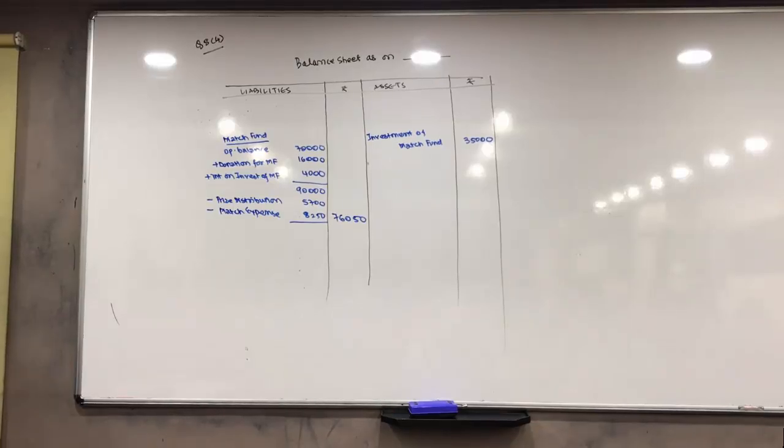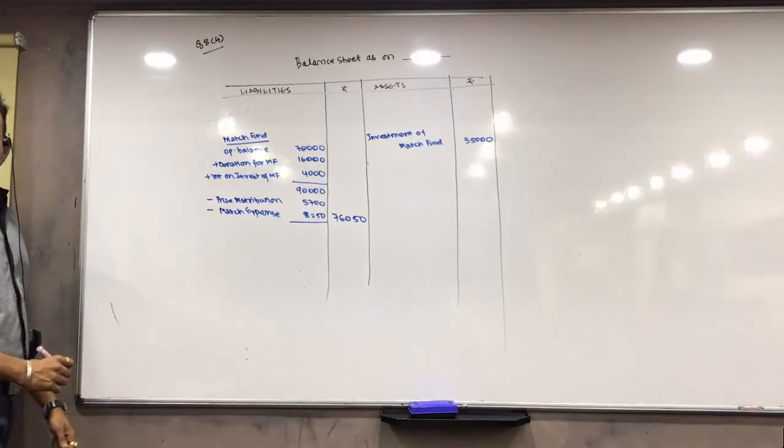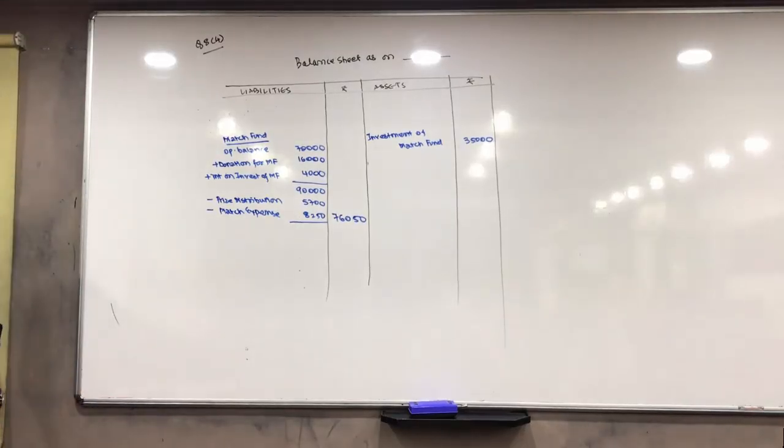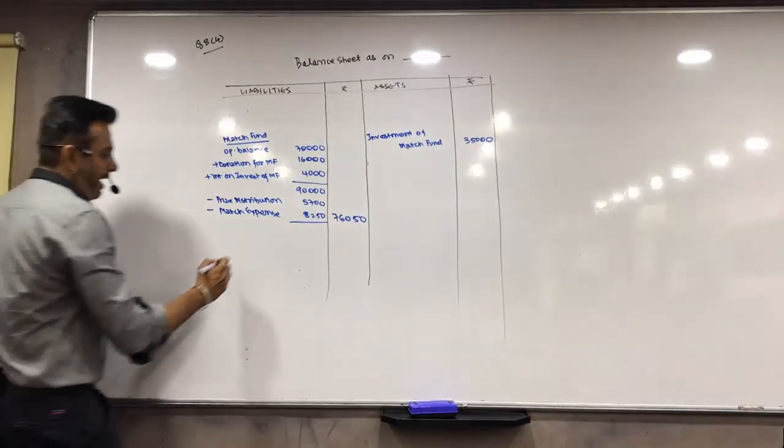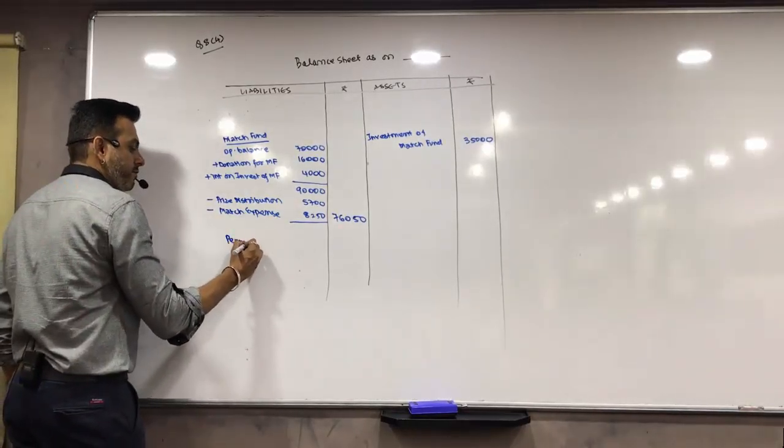Then, match fund done. We go to permanent fund, liability side, 1 lakh, 86,000. Okay. Permanent fund, 1,05,000. Write down, please.